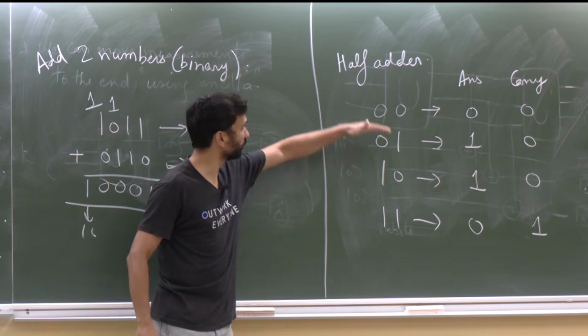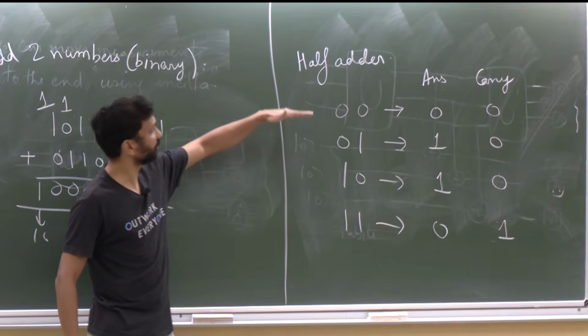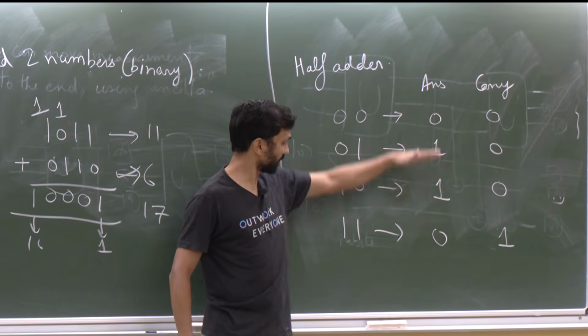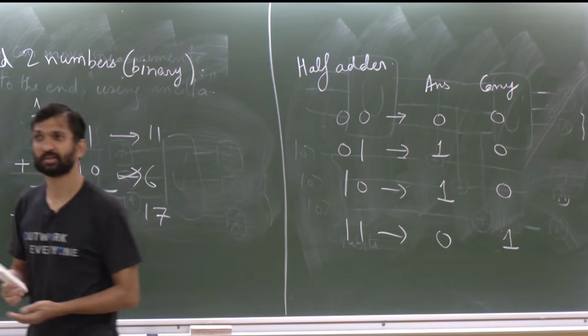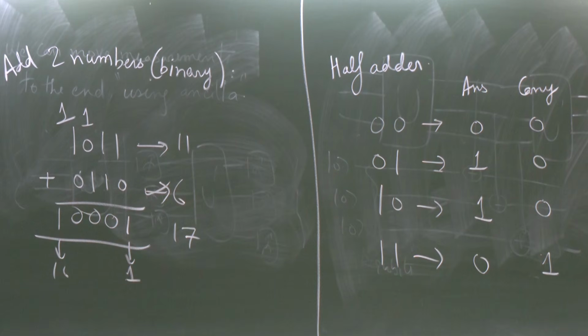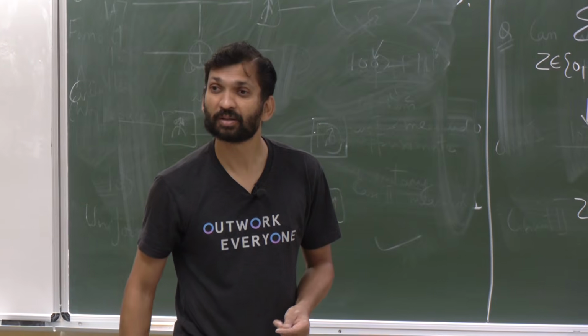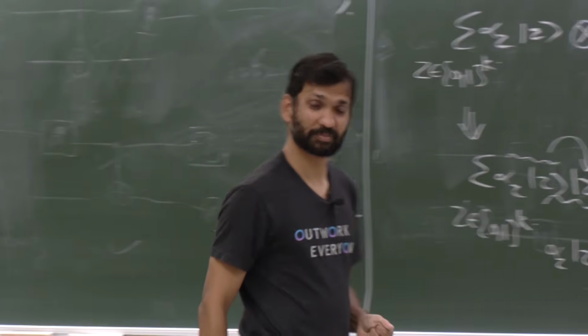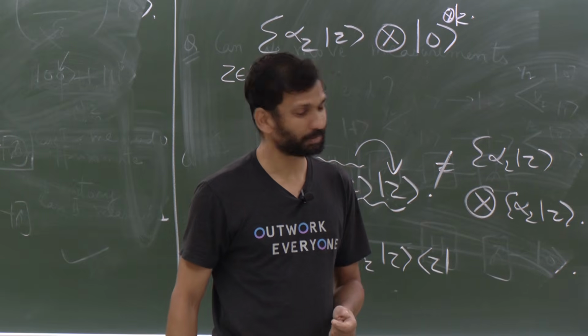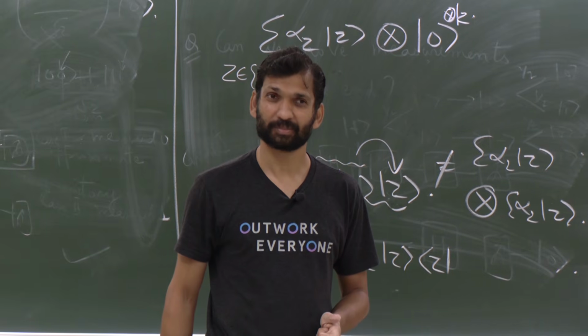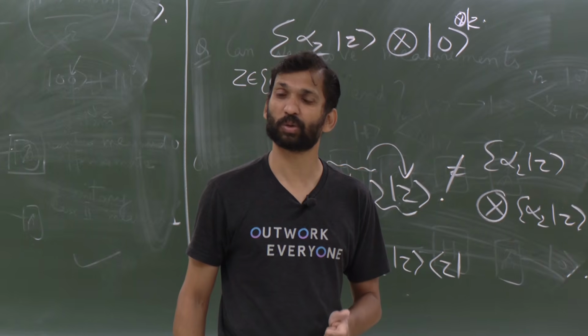So what is the first observation? You want a circuit which takes 2 qubits like this and answers 2 qubits like this. What should be your first observation, suggestion, complaint? It is on the basis, but then it also tells you one more thing which is more important.